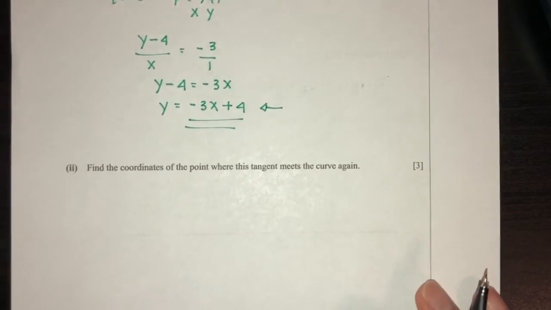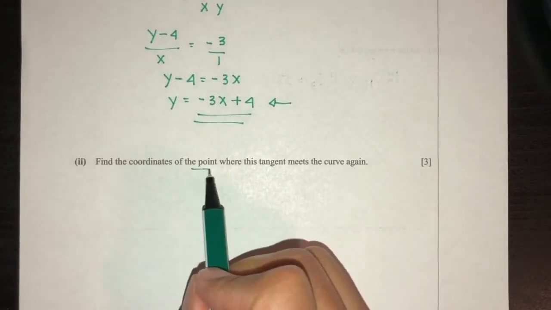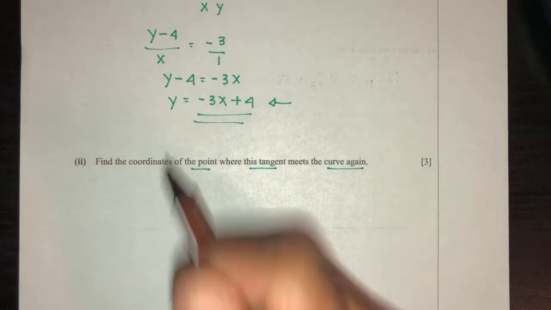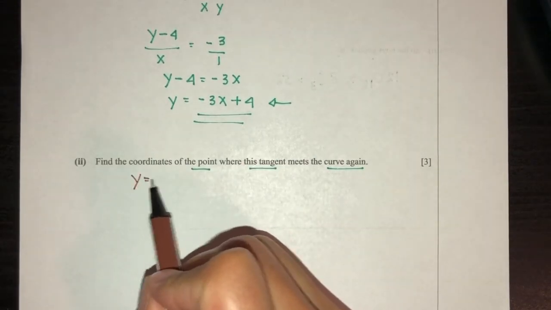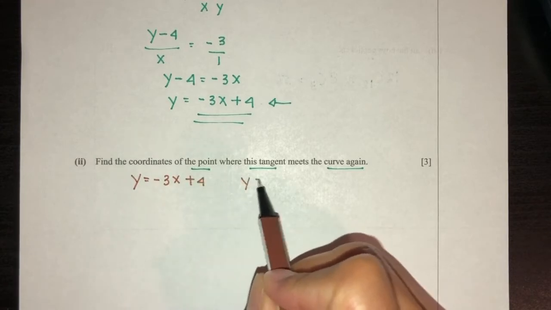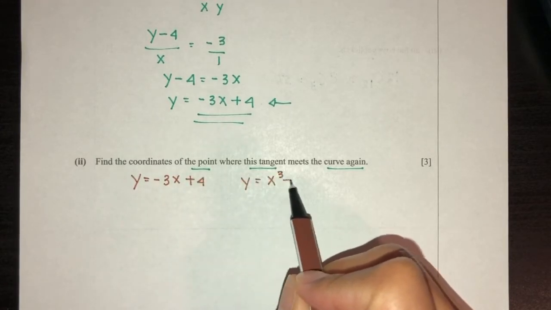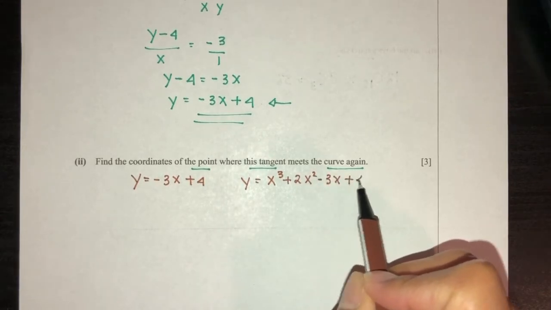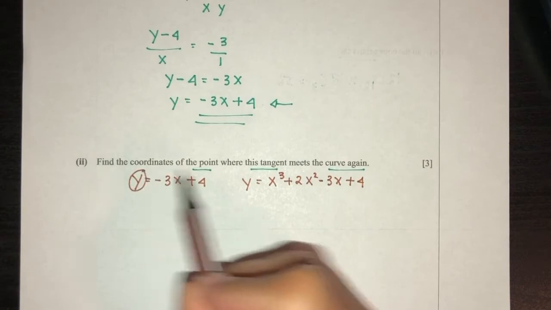Now part 2 is find the coordinates of the point where this tangent meets the curve again. So the tangent has equation y is equal to minus 3x plus 4, and the curve has y equal to x cubed plus 2x squared minus 3x plus 4. Now we can equate those two.